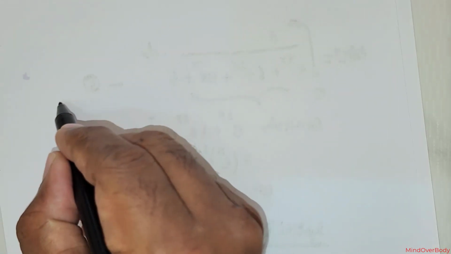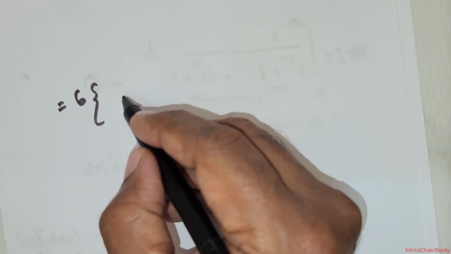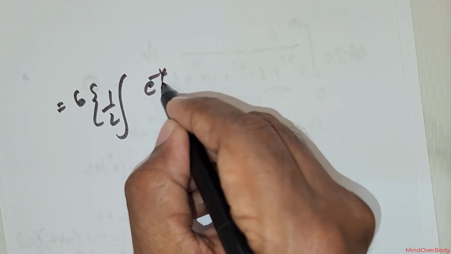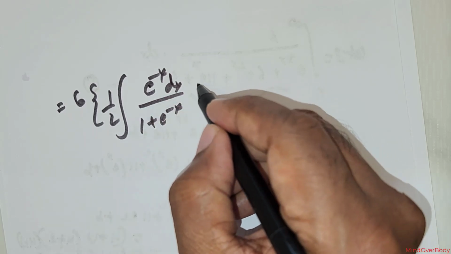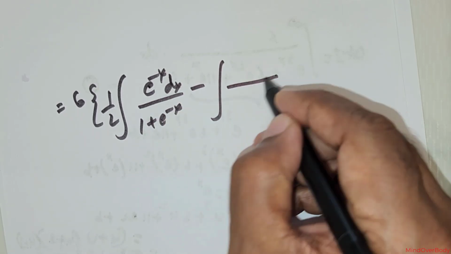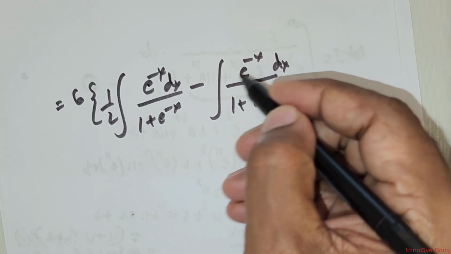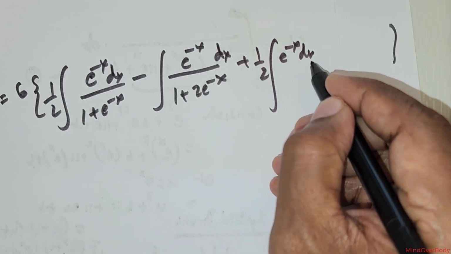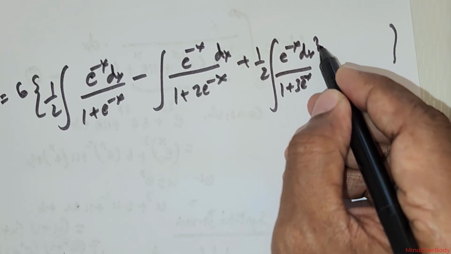So now time comes to integrate this. So this is equal to 6 is always out. Now let me rewrite this. So 1 over 2 e raised to the power of negative x times dx divided by 1 positive e raised to the power of negative x, and then negative 1 positive 2 times e raised to the power of negative x, e raised to the power of negative x times dx, then 1 over 2 e raised to the power of negative x dx divided by 1 positive 3 times e raised to the power of negative x.